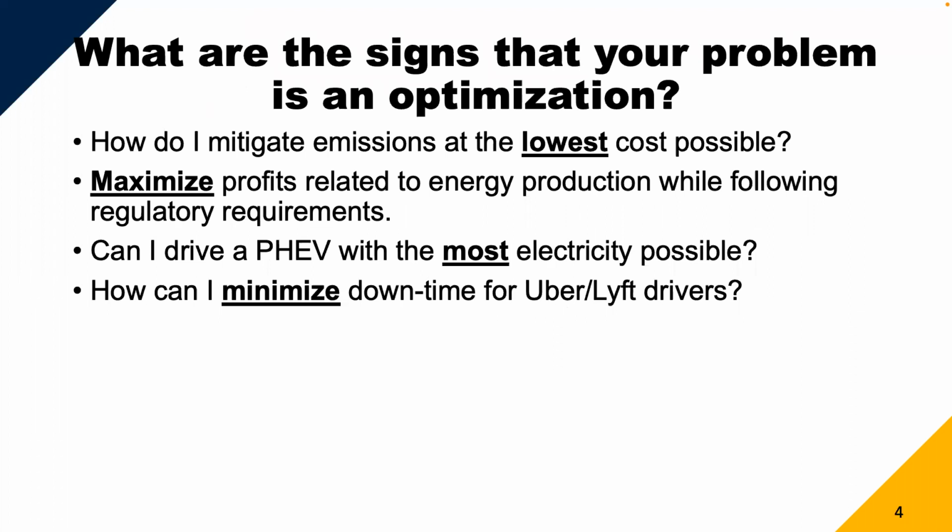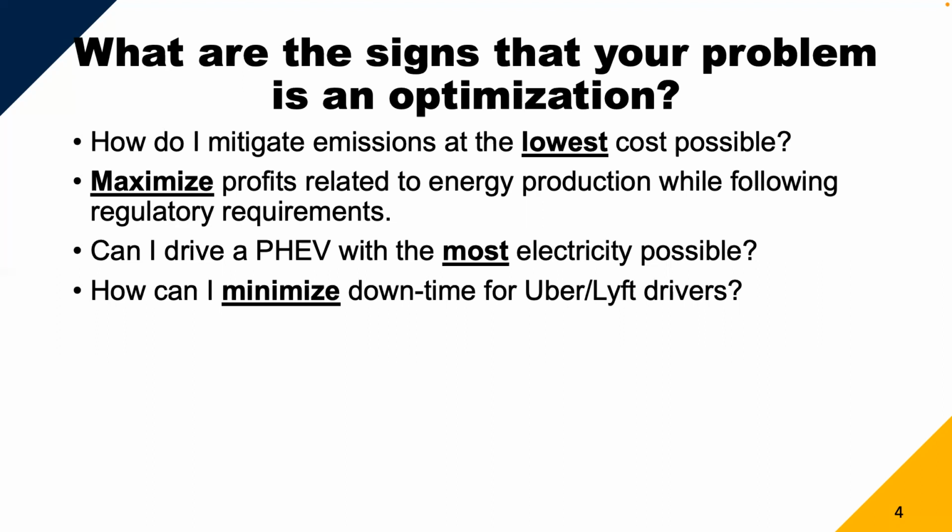But it's actually pretty easy to tell if the thing that you're working on is an optimization. So, how do I mitigate emissions at the lowest cost possible? If you want to maximize profits related to energy production, how can I drive an electric vehicle with the most electricity possible?